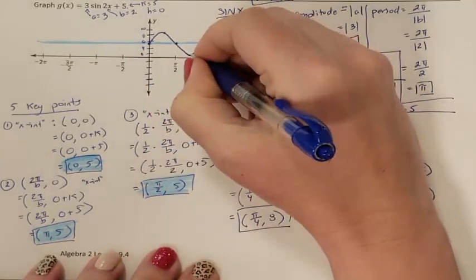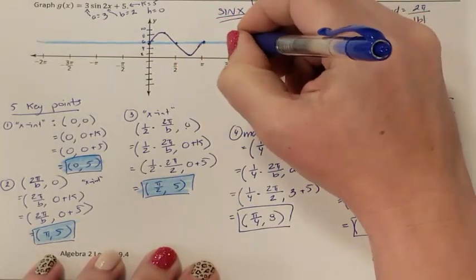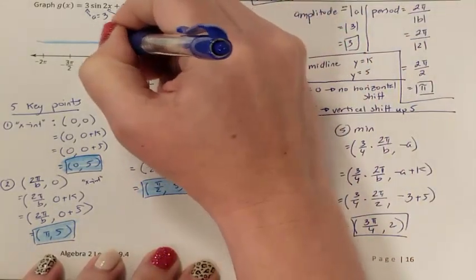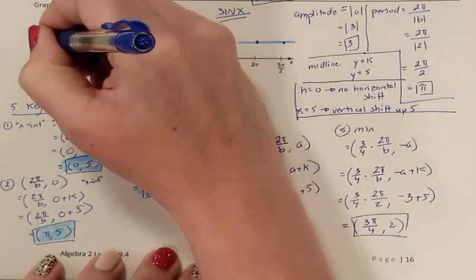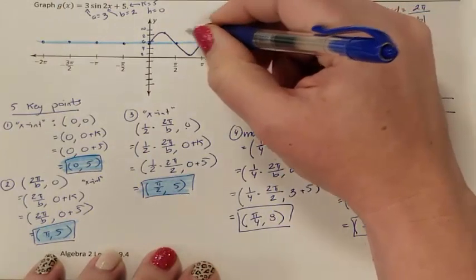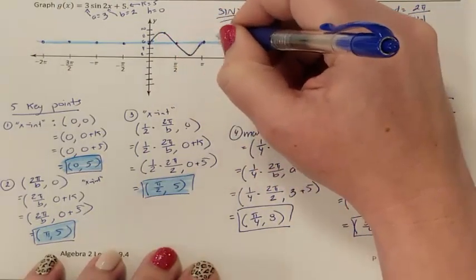Everything after this is a repeat. So I see that every half has another x-intercept. So let's make sure that those all have the x-intercepts or our midline intercepts on them. So from here, I saw that I was supposed to go up to 8, down to 2.